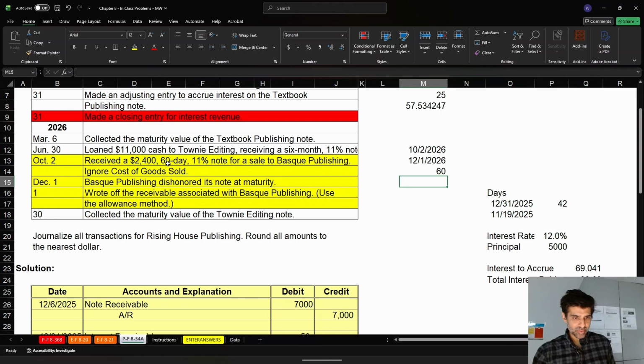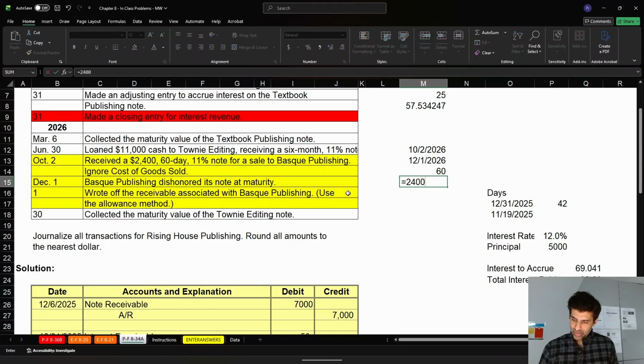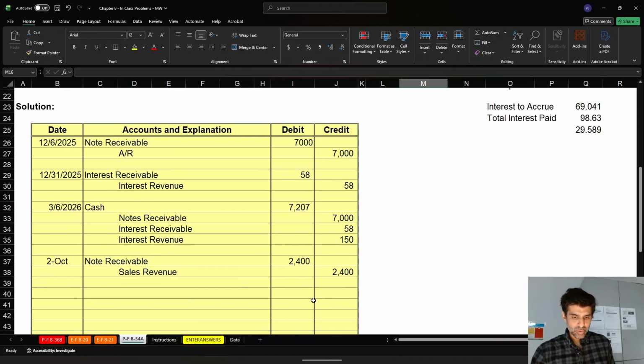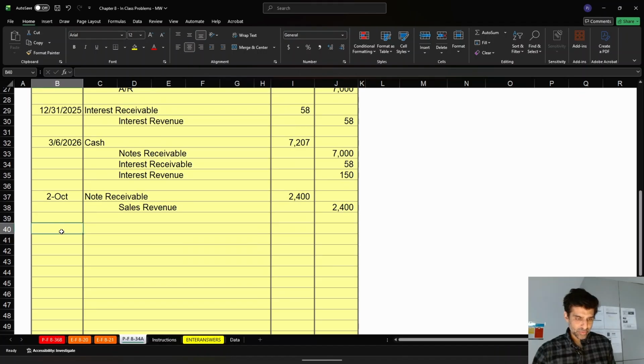Okay, it was a 60-day note. So the amount of interest that would have been paid that's going unpaid is 2,400 times 11% times 60 divided by 365. So $43.40.